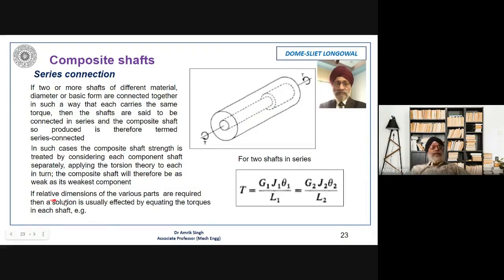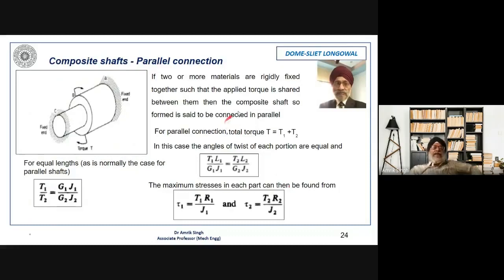Okay. So if relative dimensions of the various parts are required, then a solution is usually effected by equating these equations. Okay. So if the shafts are in parallel, that means we have fixed both the shafts.